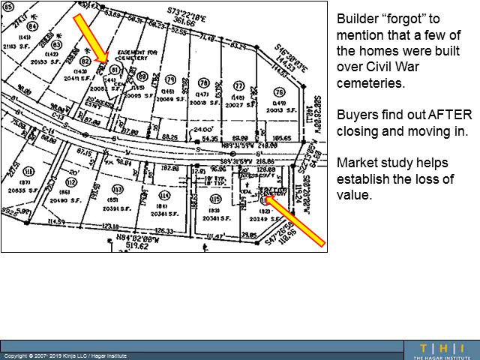And so all of a sudden, they need to know what is their loss of value because they have a cemetery in theirs. And a market value helps establish that loss. We can establish a single point of value using an appraisal, and then a market study to indicate the loss of value due to being built over a cemetery.